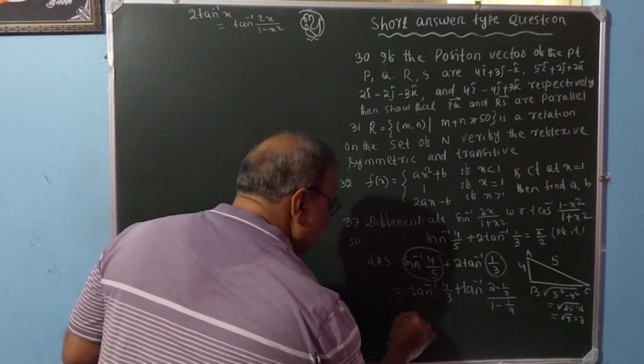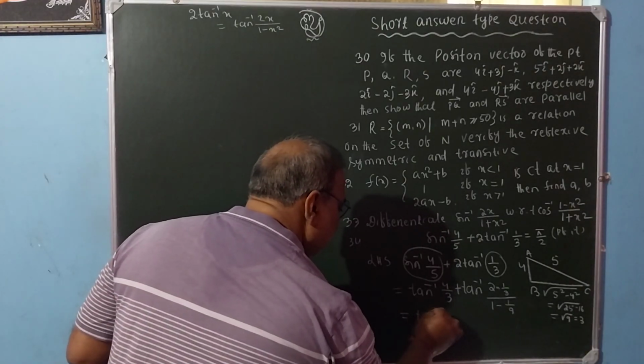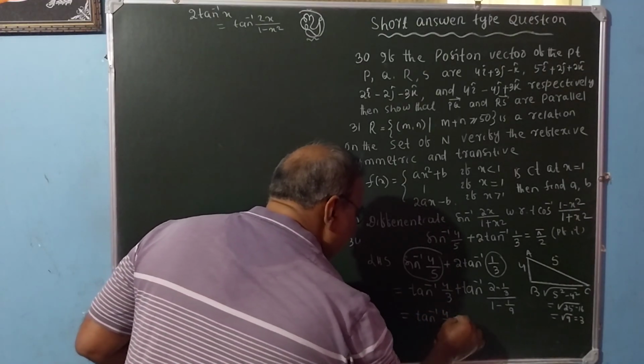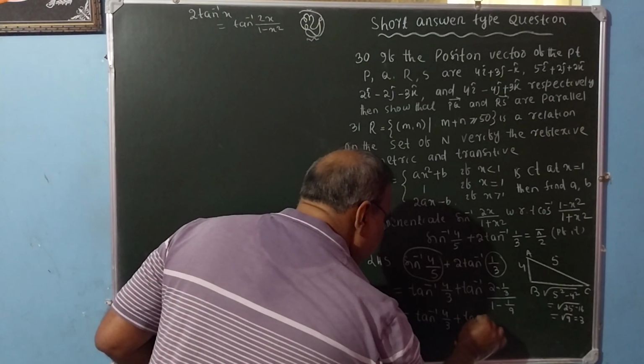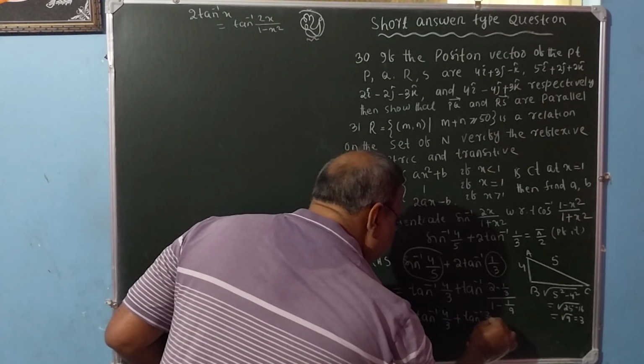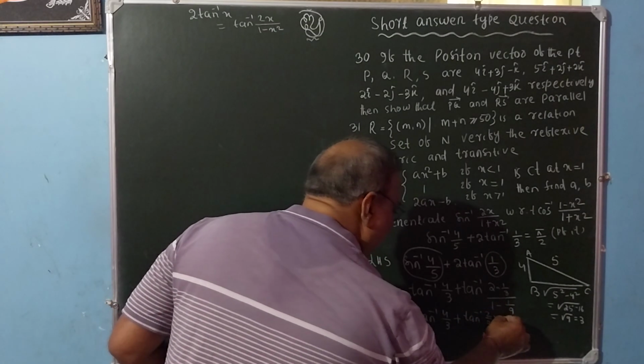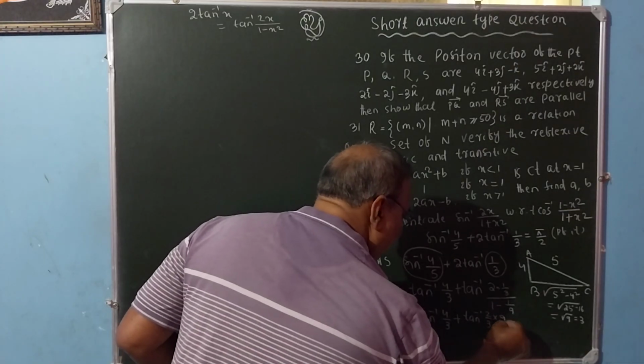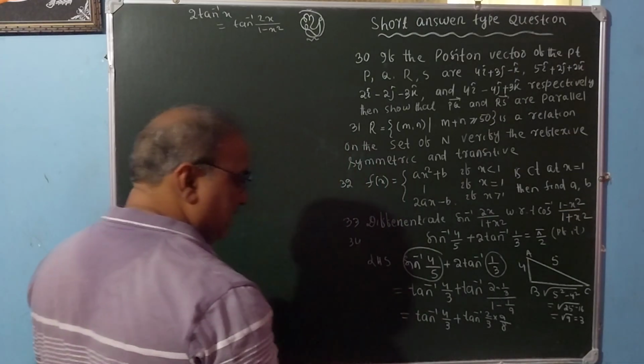So that means tan inverse 4 by 3 plus tan inverse 2 by 3 divided by 9 by 8, where 9 minus 1 is 8.